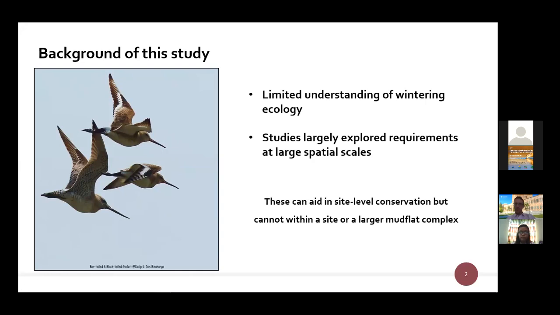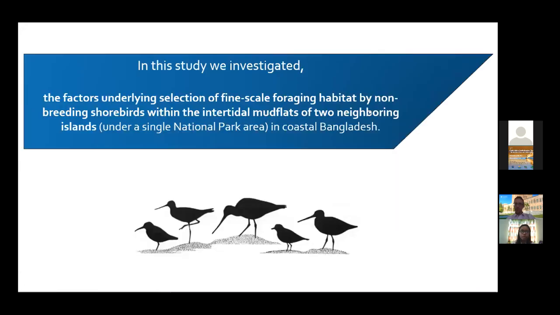So from that view, we investigated the factors underlying the selection of fine-scale foraging habitat by this species within the intertidal mudflats of two neighboring islands under a single national park area on the central coast of Bangladesh.